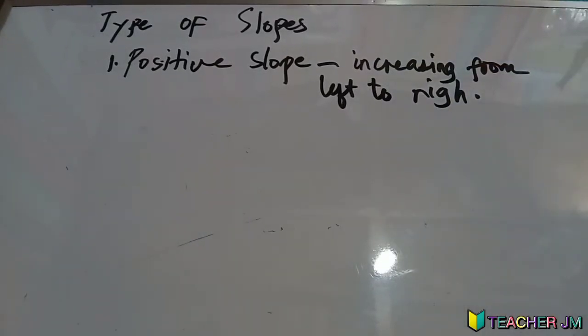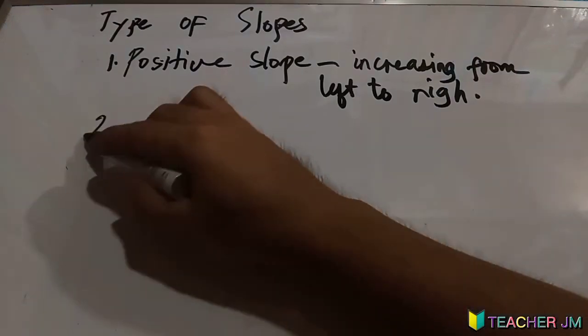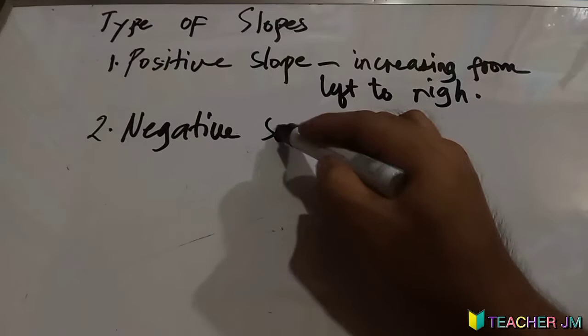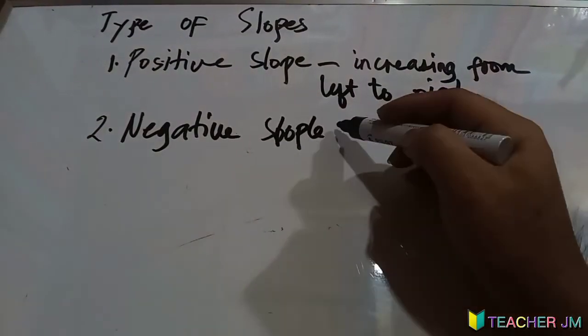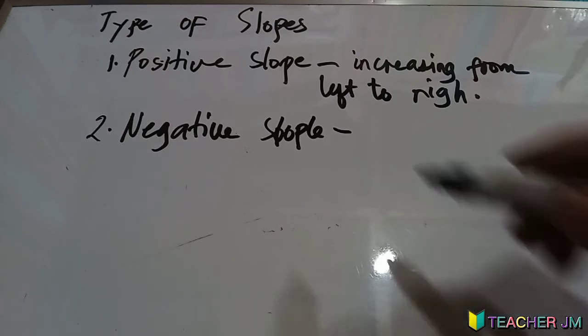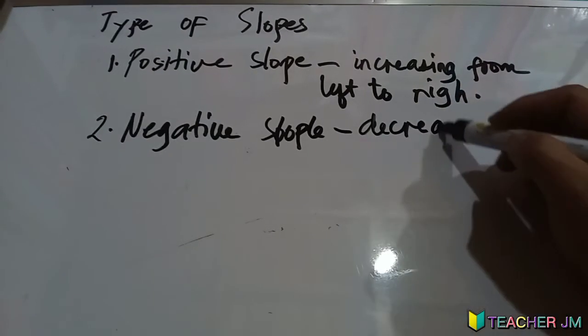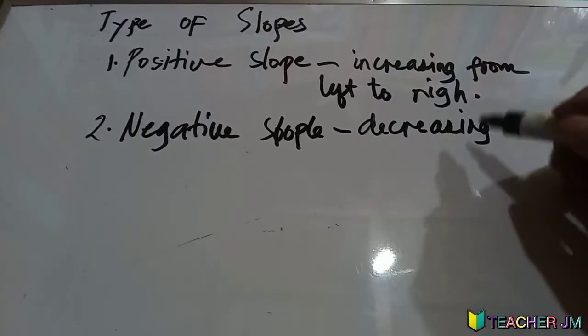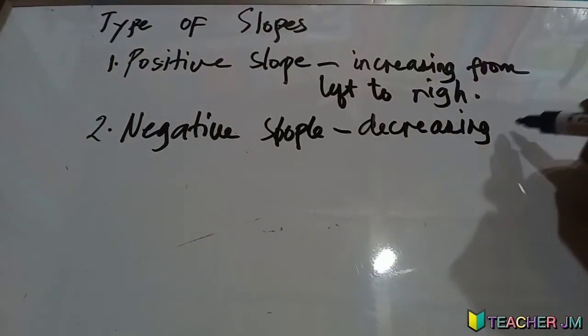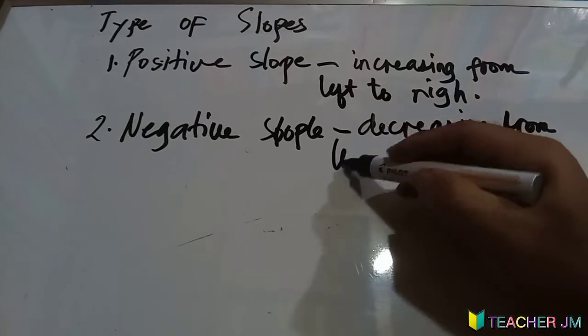Pangalawa, meron tayong tinatawag na negative slope. Ang negative slope, ito po ay mga tinatawag na decreasing from left to right. Opposite sa positive.